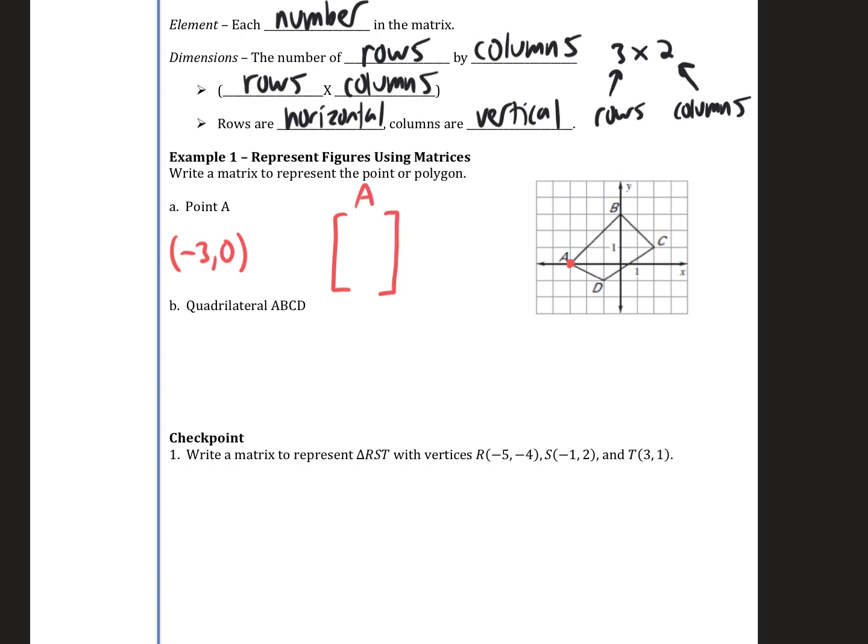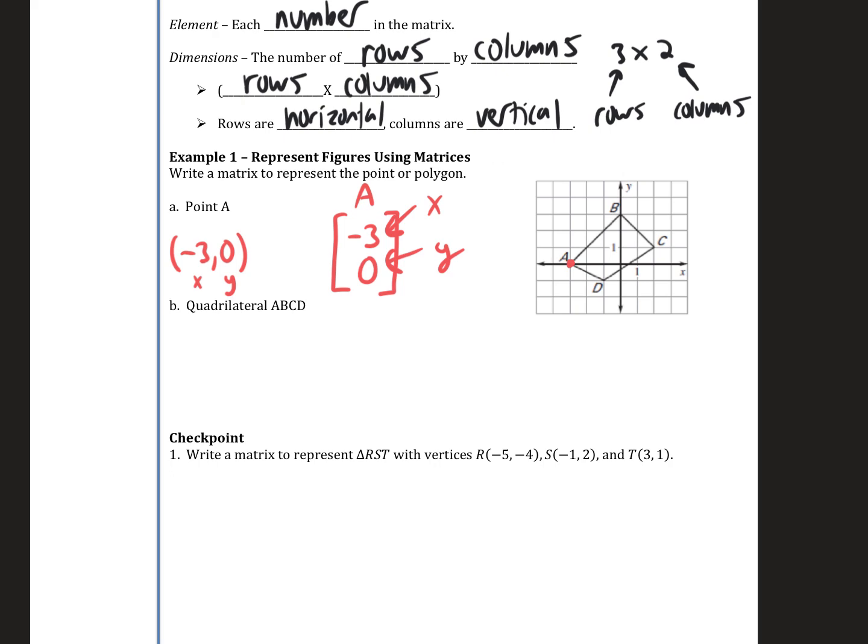We take the coordinates and go in a vertical fashion. It's kind of weird, but that's how we do it. We put the x coordinate on top and the y coordinate on the bottom. So -3 goes on top, and 0 goes on the bottom. And that's how you make a matrix using coordinates for a point.